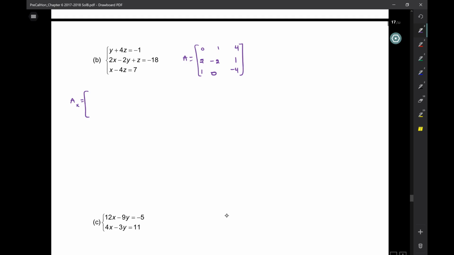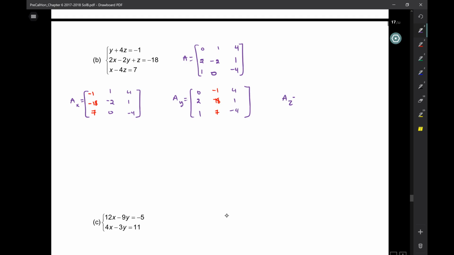Hang on, just give me a second. The AX matrix, the first row is going to be negative 1, negative 18, 7. And then 1, negative 2, 0, 4, 1, minus 4. And then for the AY matrix, you're going to replace the second column by negative 1, negative 18, 7. And we get 4, 1, negative 4, 0, 2, 1.